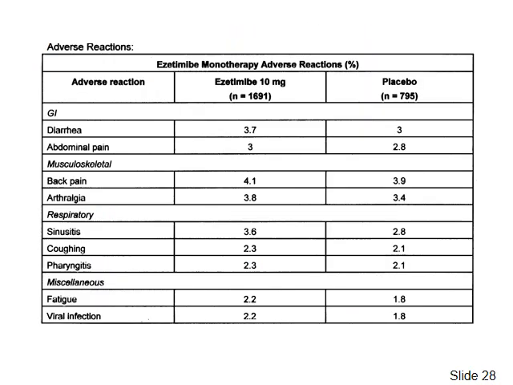If we look at some of the adverse reactions associated with ezetimibe compared to placebo, we see some of the adverse effects that seem to be common for some of the other cholesterol-lowering drugs. So we see GI effects such as abdominal pain or diarrhea.